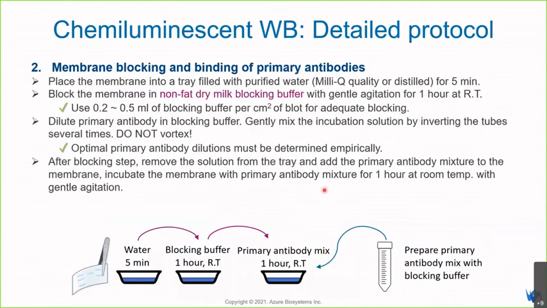Right. After you transfer the protein from the gel to the membrane with the transfer system, here we use wet transfer, next is the membrane blocking step. You should disassemble the transfer sandwich and take out the membrane. Please keep in mind that the membrane should be wet at all times and shouldn't dry.